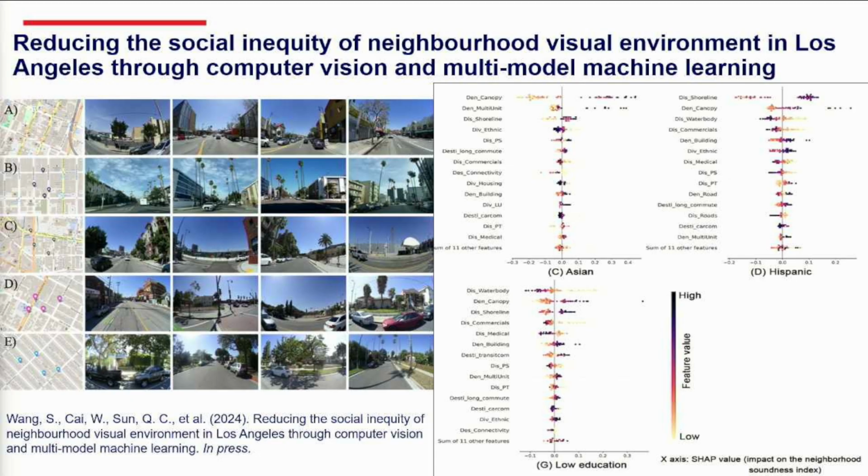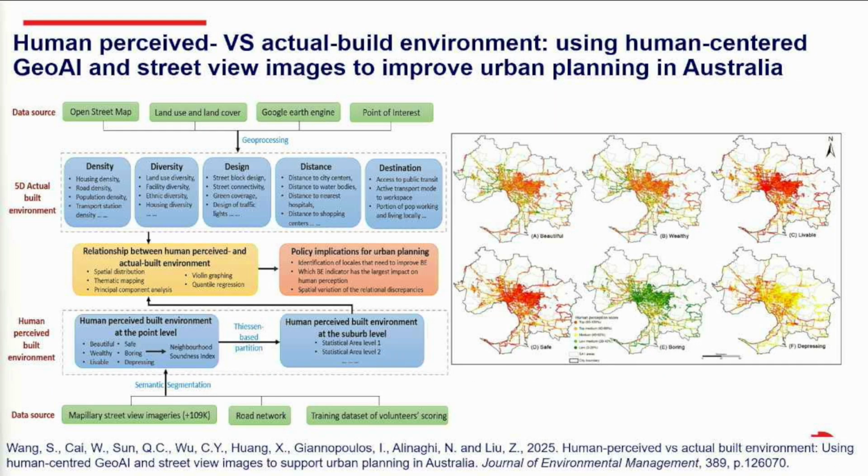So we use this explainable AI to try to link the relationship between the actual built information and how people feel, and across different population groups.